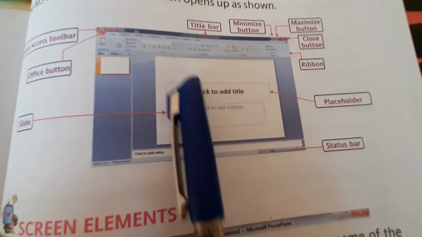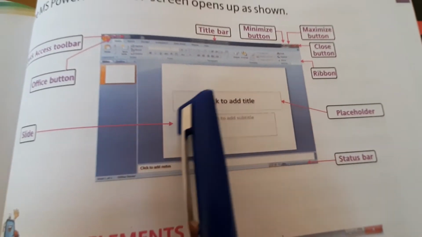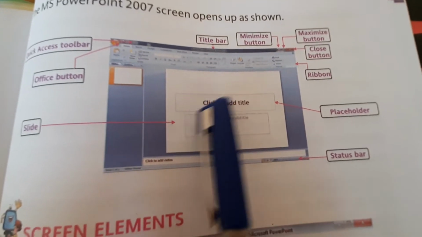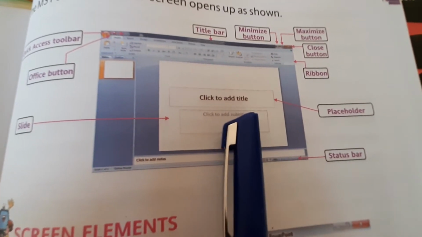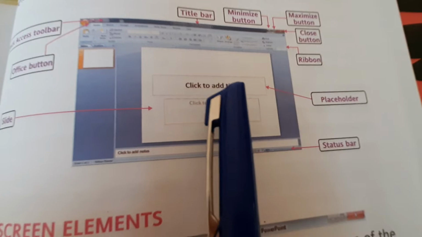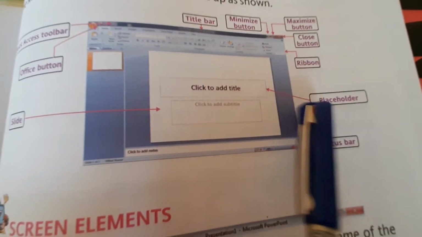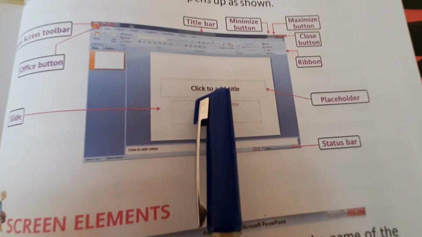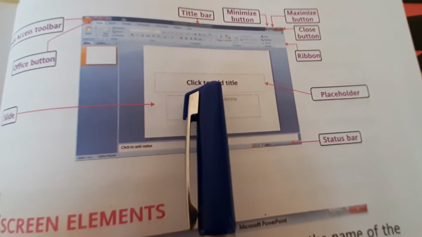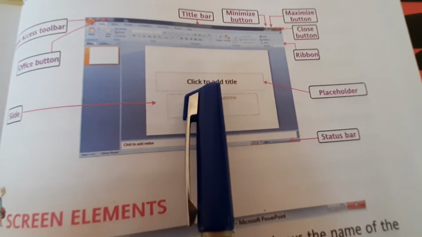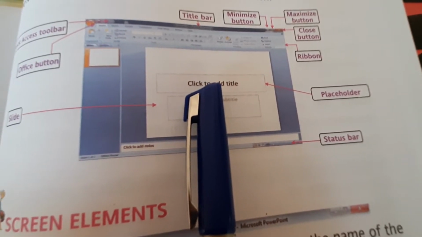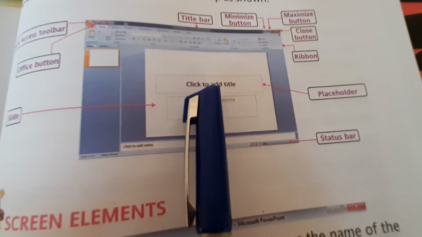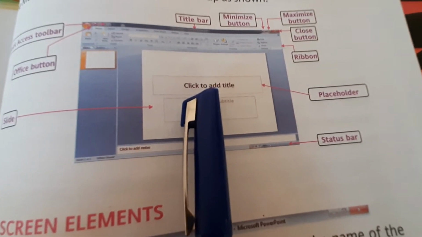But in this whole slide we cannot work. We can work only on these rectangles or squares provided to us in MS PowerPoint. These are known as placeholders. It is just like in a classroom: there are so many tables and the whole area is there, but we can work only on our table.